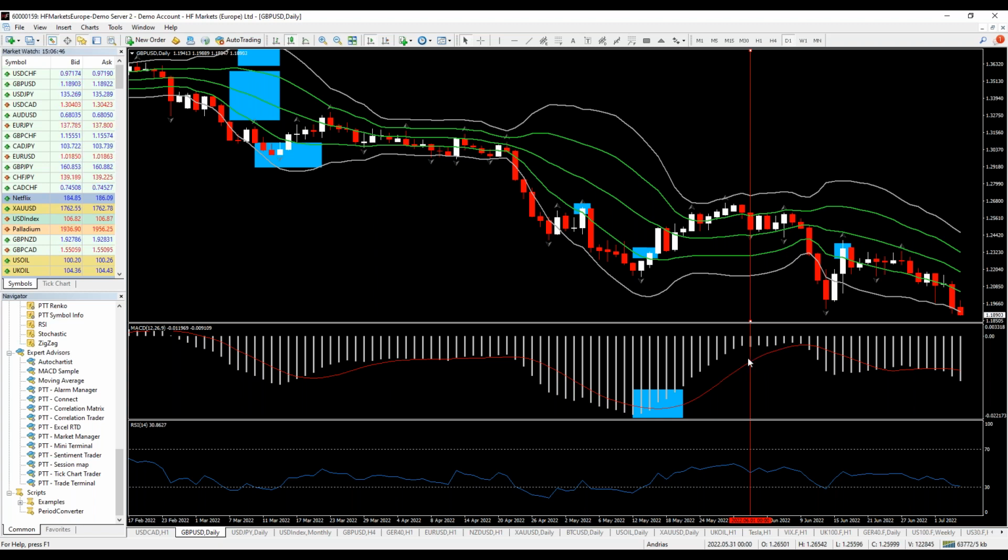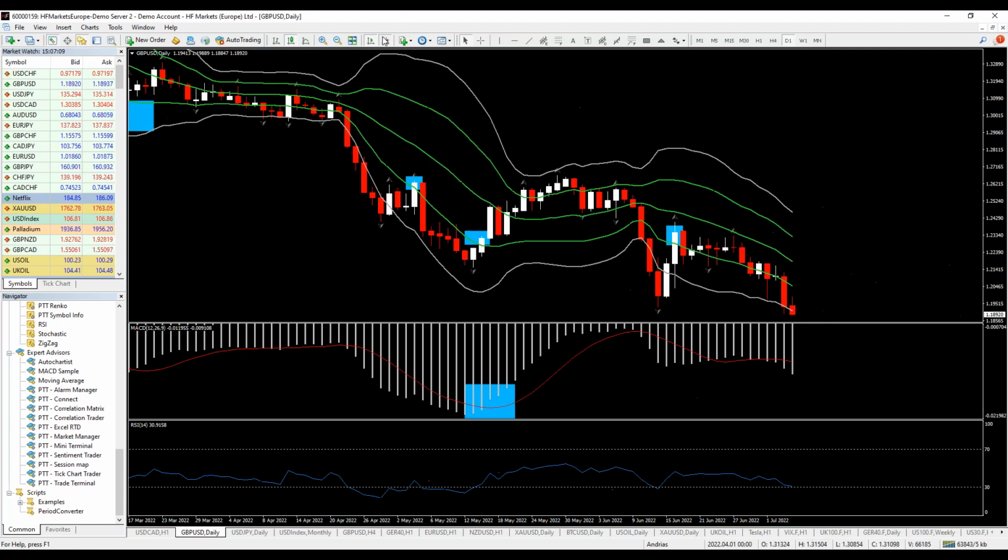MACD is still showing some positive bias, so I should have probably ignored this signal. But let me see something. Okay, yeah, it was a bit of a weak signal.